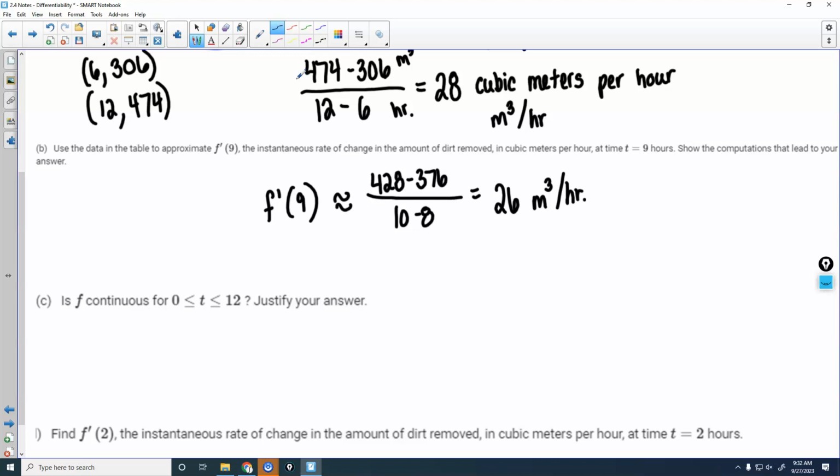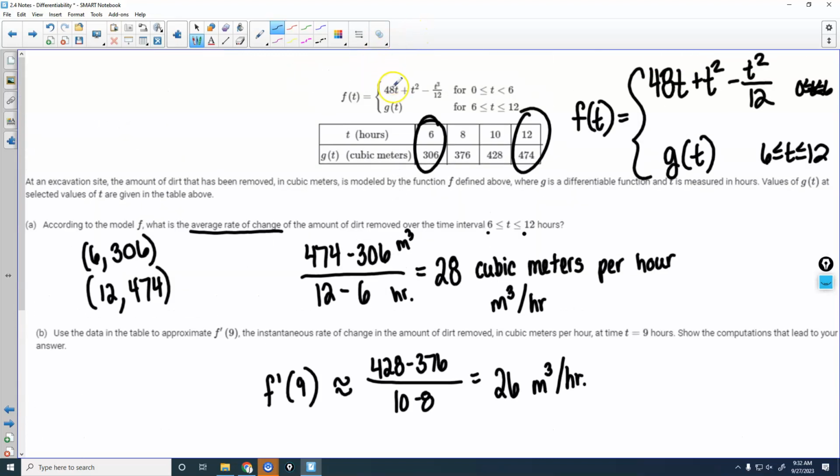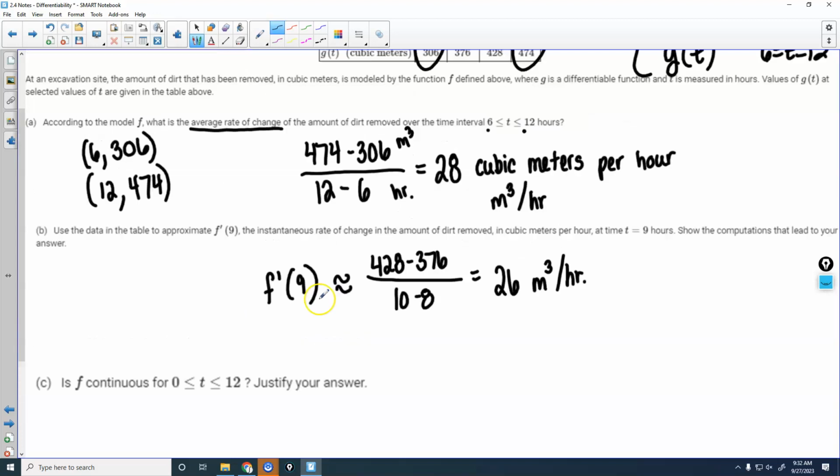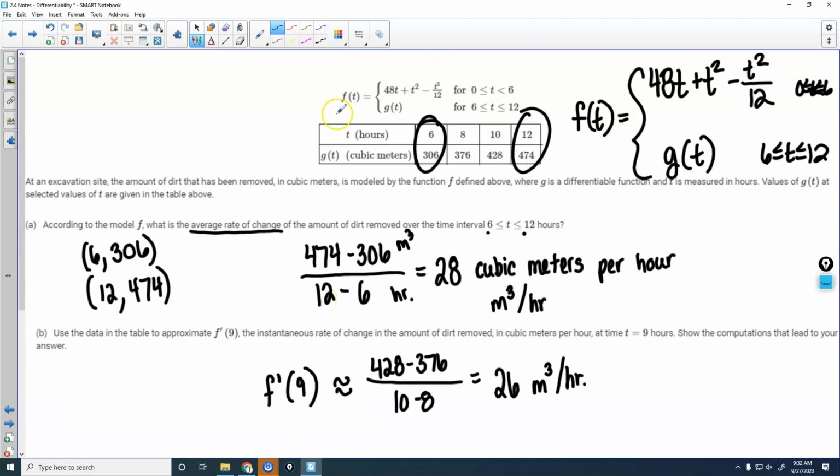All right, so continuity. Continuity, we need the limit from the left and the limit from the right. And we're proving continuity for this entire function from 0 to 12. Not at a single point, but from 0 to 12. So we have to tell why f is continuous from 0 to 6, why it is continuous from 6 to 12, and then we've got to check that point at 12.